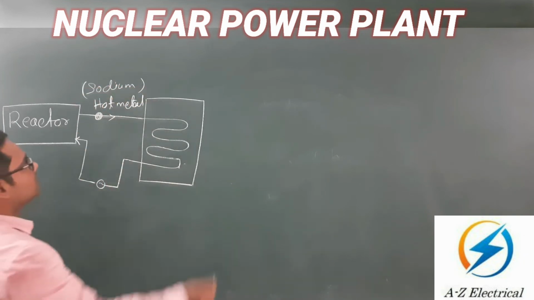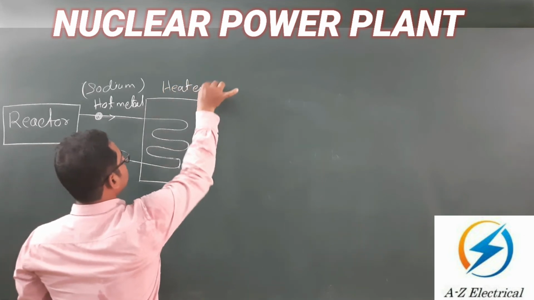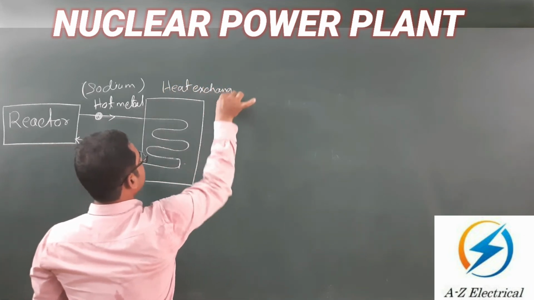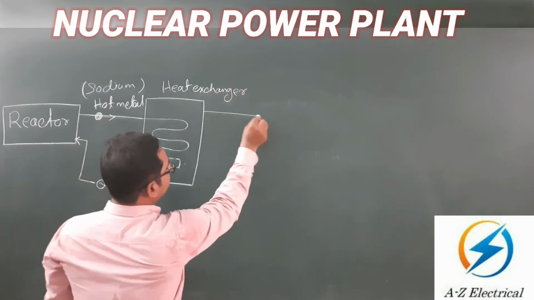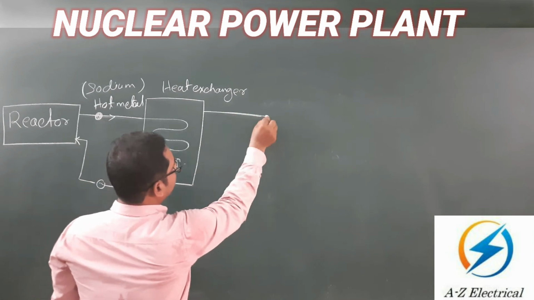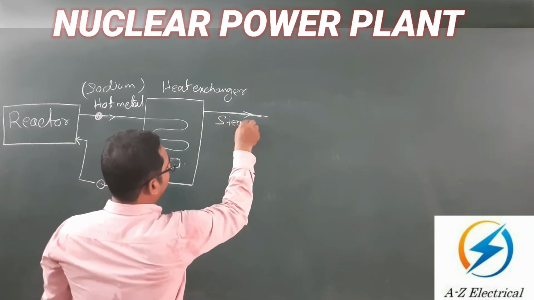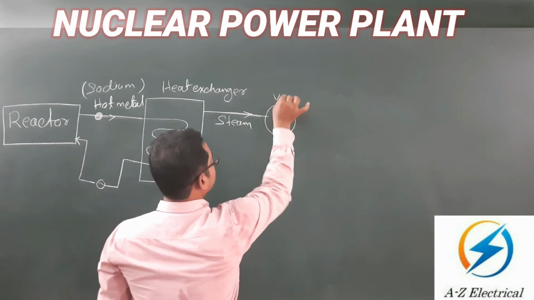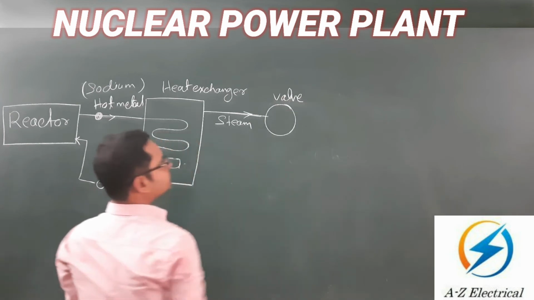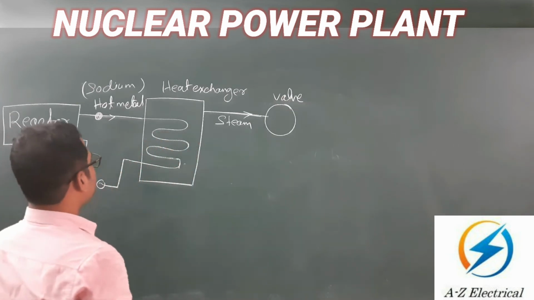This is called a heat exchanger, and from here steam will be produced, and that steam comes to the valve, the regulating system valve.